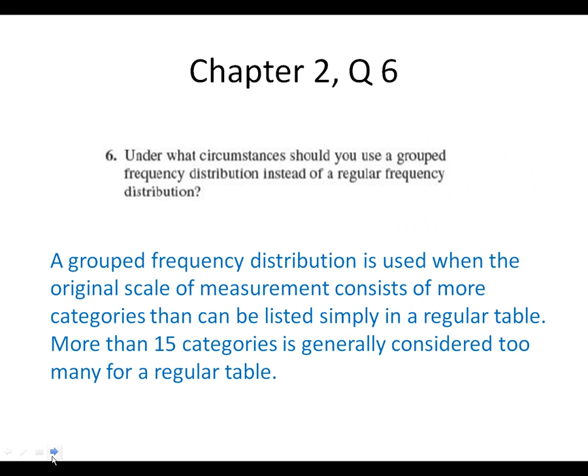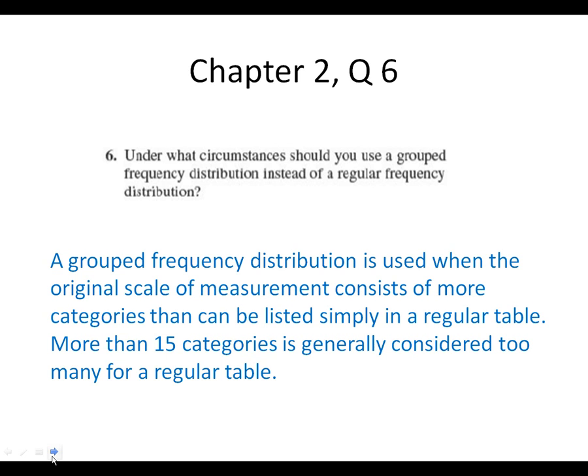And it's asking under what circumstances should you use a grouped frequency distribution instead of a regular frequency distribution. And of course the answer is a grouped frequency distribution is used when the original scale of measurement consists of more categories than you can list simply in a regular table. So more than 15 categories is generally considered too many for a regular table.